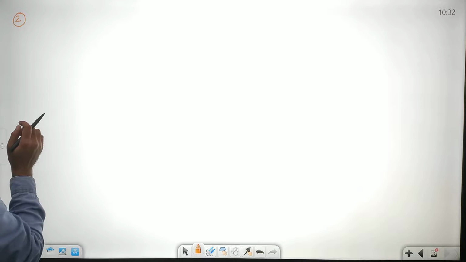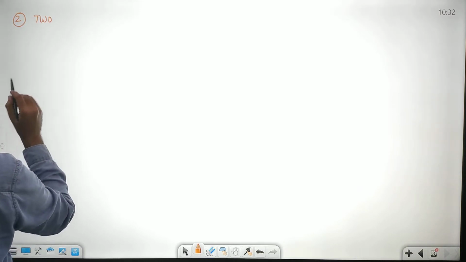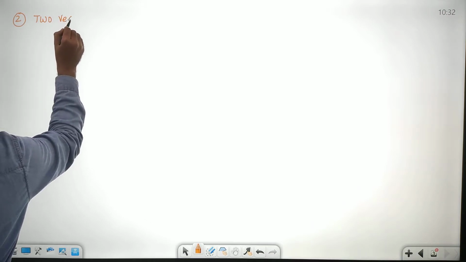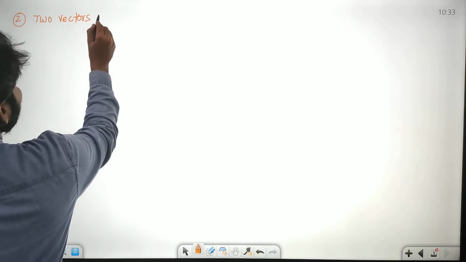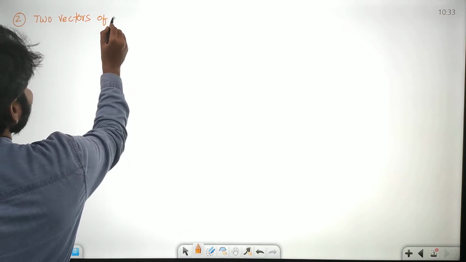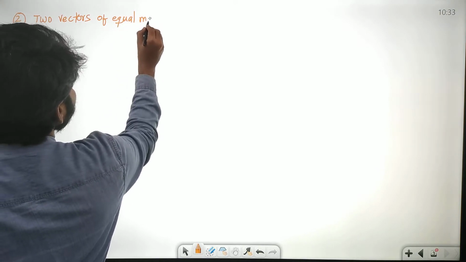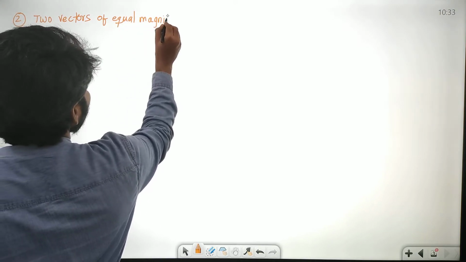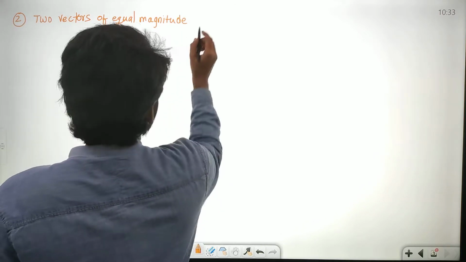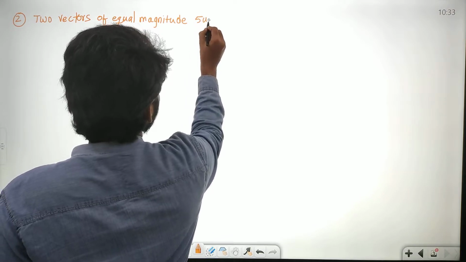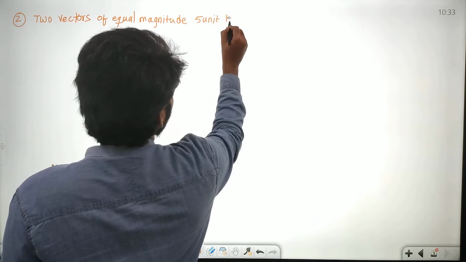Two vectors of equal magnitude, the magnitude is given as 5 unit.